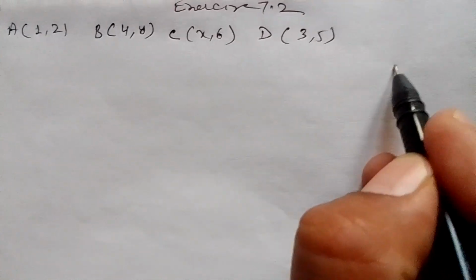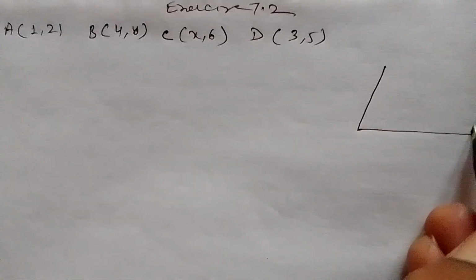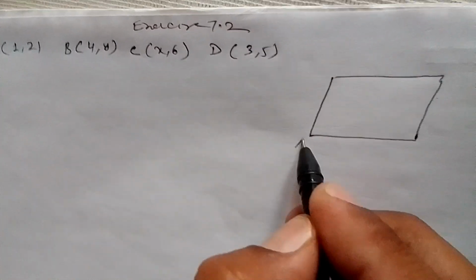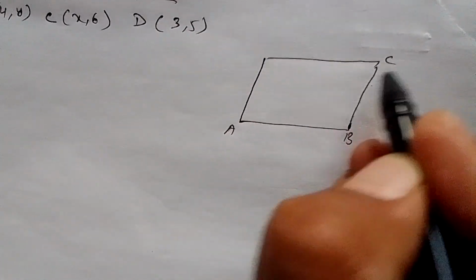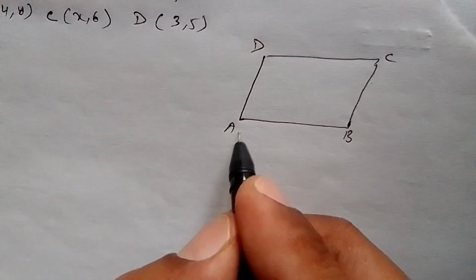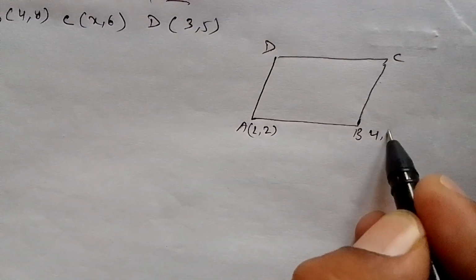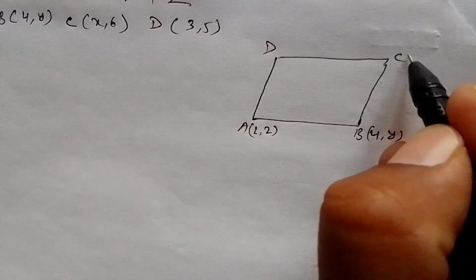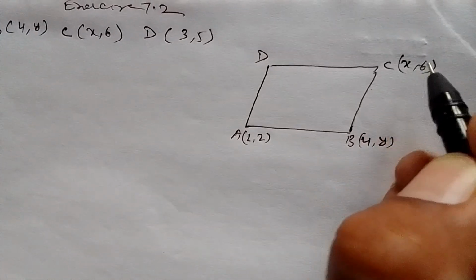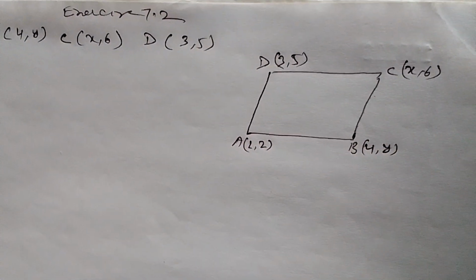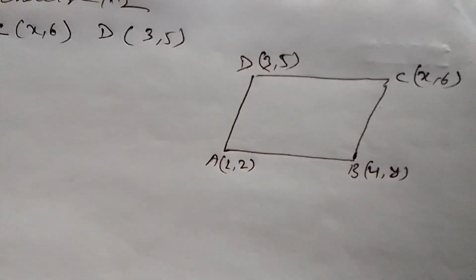So we will draw the parallelogram like this. A, B, C, D are the points (1, 2), (4, y), (x, 6) and (3, 5). So we will apply the midpoint formula.